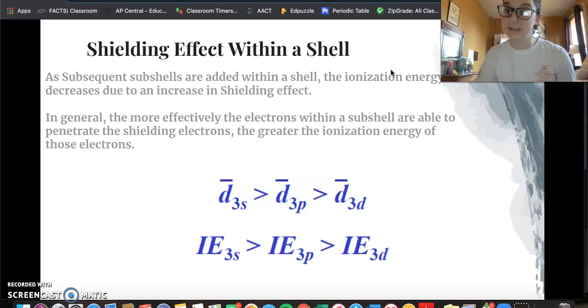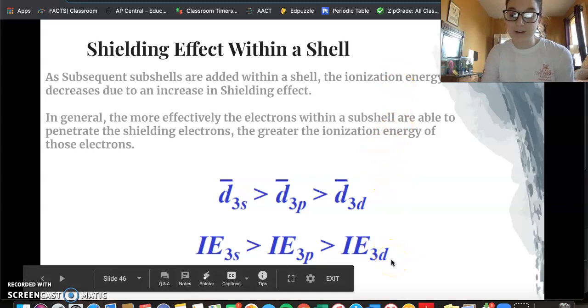So less shielding means it's going to be harder to take it away. So here we have the ionization energy of 3d, which is less than that in 3p, which is less than that in 3s, because 3s experiences the least amount of shielding in these three shells that we are considering.